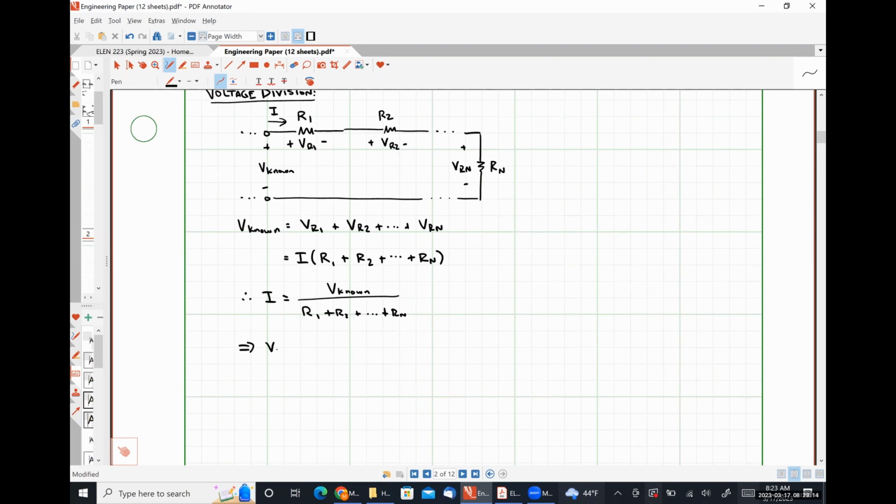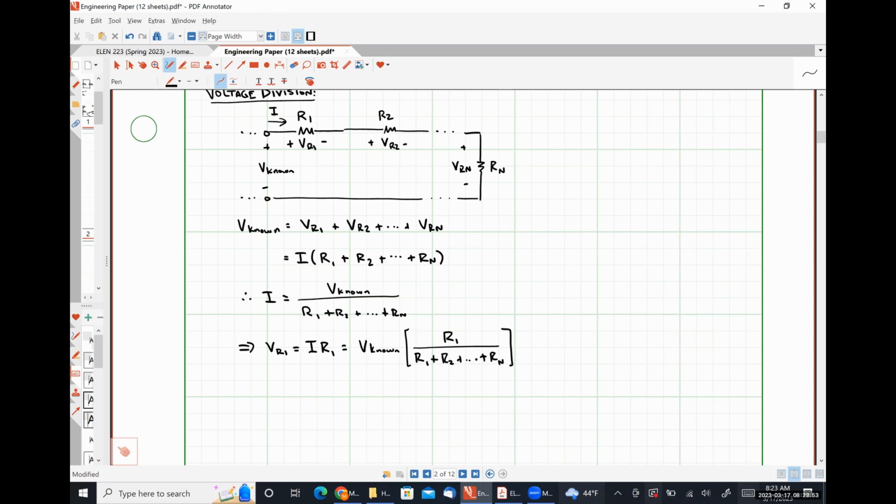From here, we can use Ohm's law to say that the voltage drop over resistor R1 is simply I times R1, or whatever our known voltage was times a ratio of resistances, right? Where we're going to have R1 in the numerator, and then R1 plus R2 all the way out to R sub n in the denominator. We could do something similar for R2, Rn, or any resistor here, right?